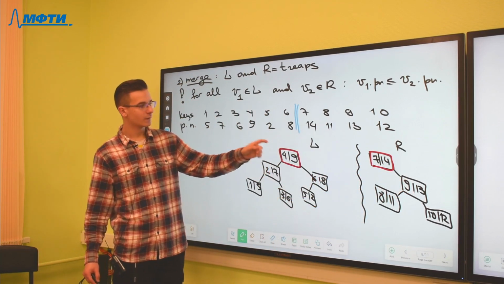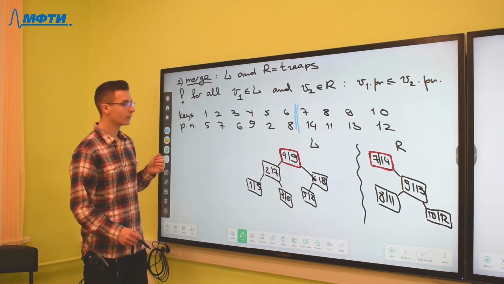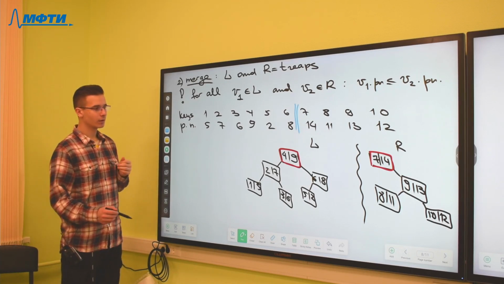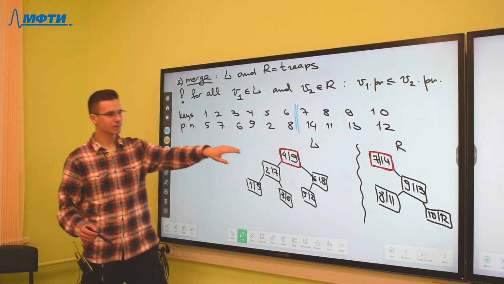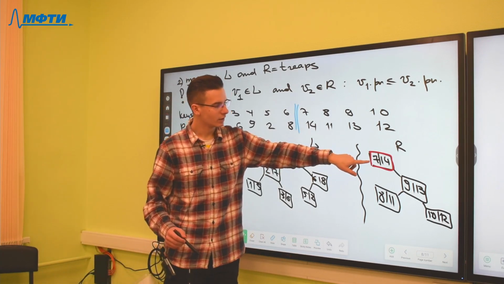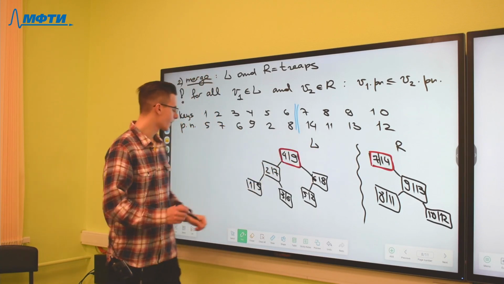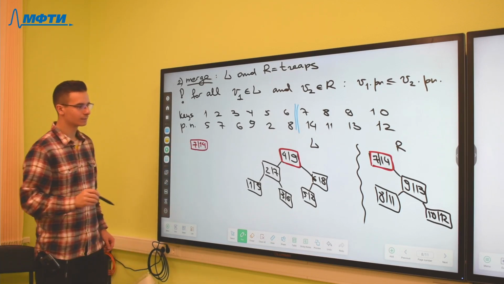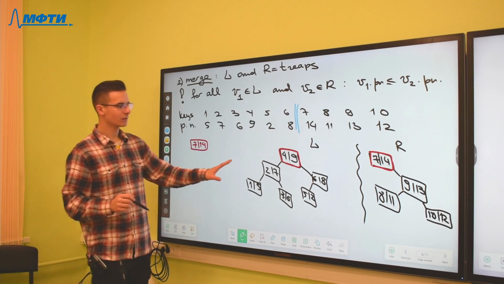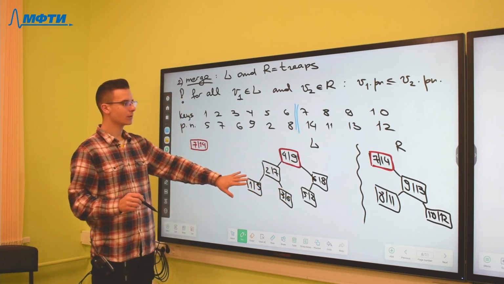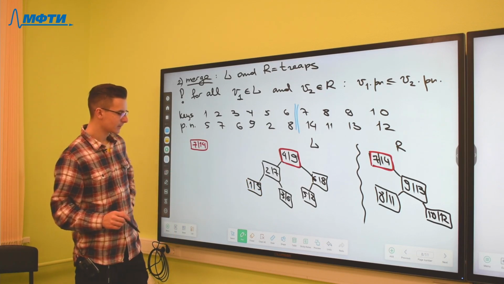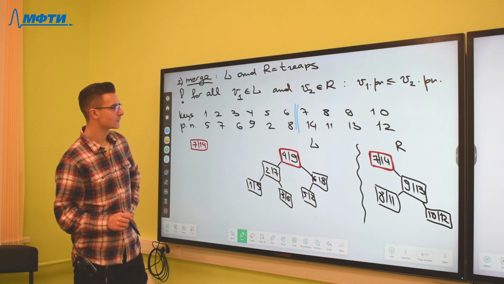So the root of the final tree is one of these nodes, and we see that it will be this node. So I write here 7, 14.